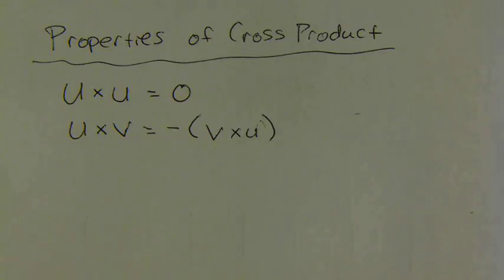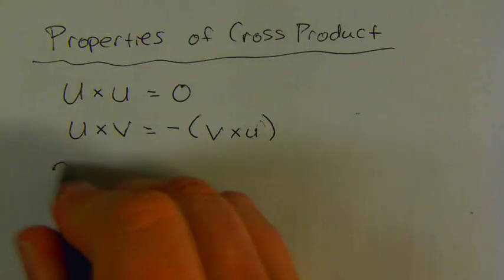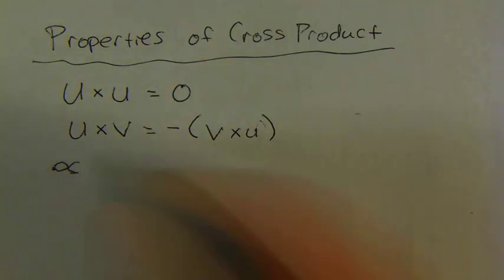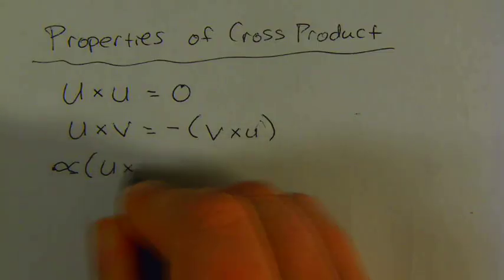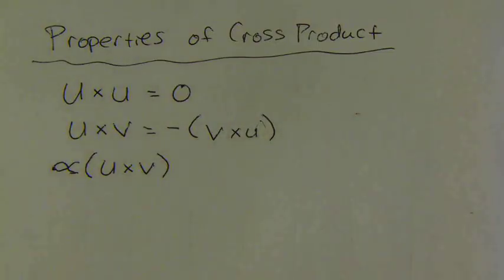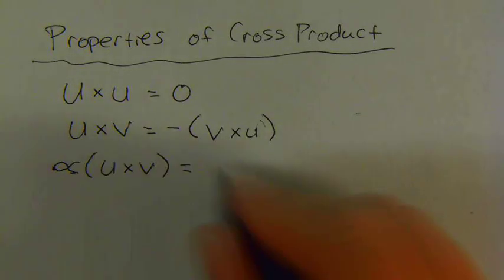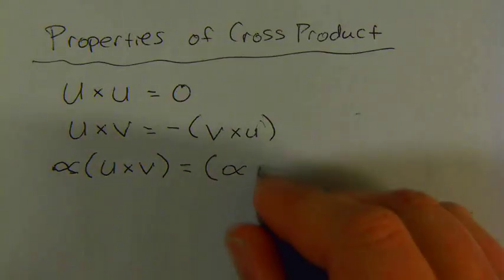If you've got some number, so that's just a scalar, any scalar that's multiplied in front of a cross product, you can split it up like this.